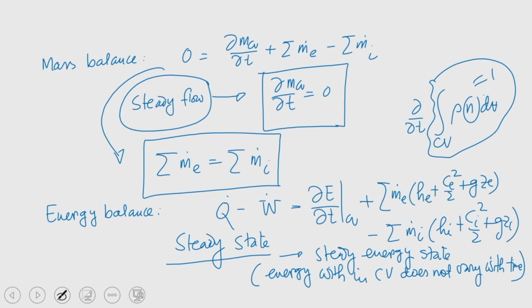So, accounting for this steady state case, this term will be equal to 0. Energy within the control volume is not varying with time, so that is dE/dt of the CV equal to 0. So, you know that we are left with this equation.